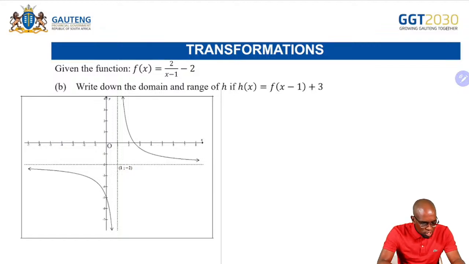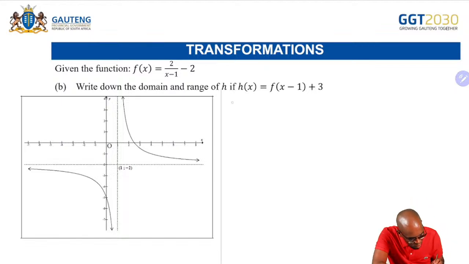Now, given the function f of x is 2 over x minus 1 minus 2, write down the domain and range of h if h of x is f of x minus 1 plus 3. Now, what is the transformation that occurred here, from f to h? X minus 1 is equal to 0, x is equal to 1.